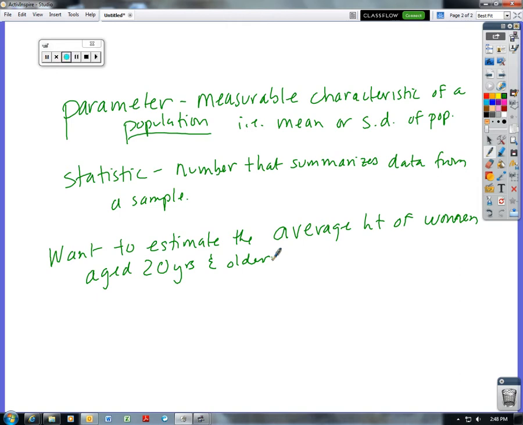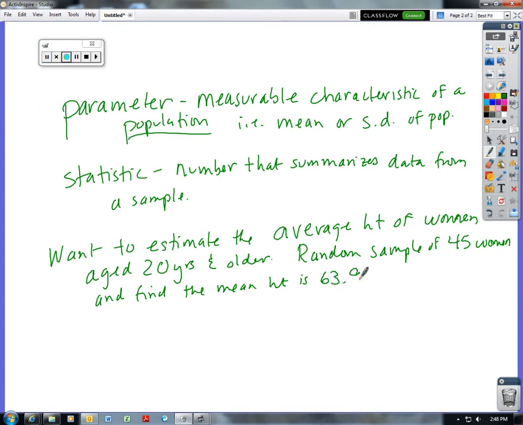And then there's a random sample. They take a random sample of 45 women and find the mean height is 63.9 inches. So that's the situation. And I really need to calibrate this pen, but I don't want to stop and interrupt the tape to do that.